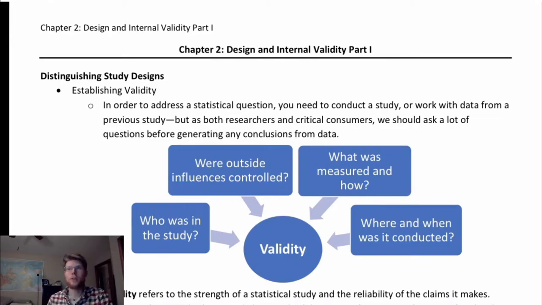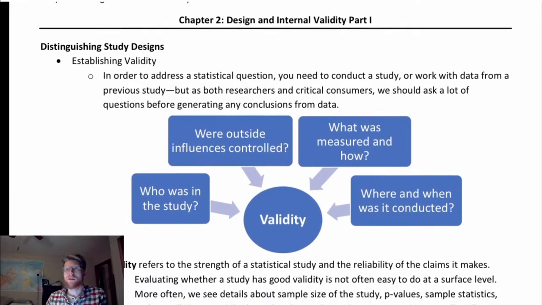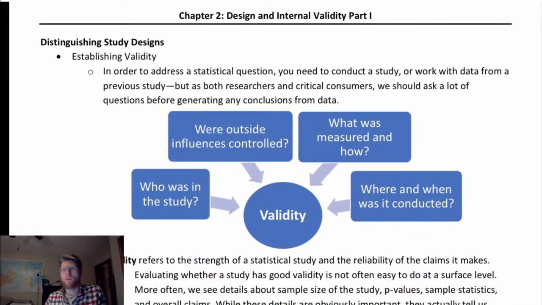Fundamental to this conversation is the idea of validity, which we're going to talk about throughout this entire unit. Validity is fundamentally the idea of how strong this study is, and what kind of claims I can make from it. Validity is concerned with questions like: who was in the study, were outside influences controlled, or did I just observe data in the wild and have no idea what's causing what?